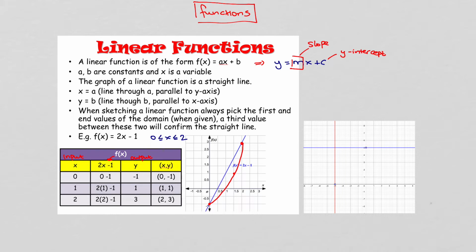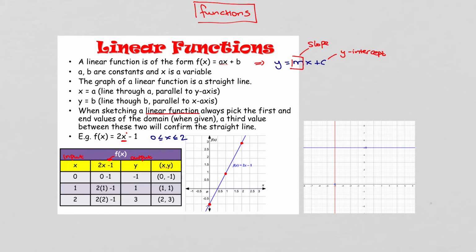So I'd be going out to 1 and up to 1. Now I can clearly see that there are 3 points, and if I join them, I am definitely getting a straight line. Of course, you can be told in the question that it's a linear function. And if you weren't sure, you always look at the power of x. The highest power of x here is 1, which means it has to be a linear function.